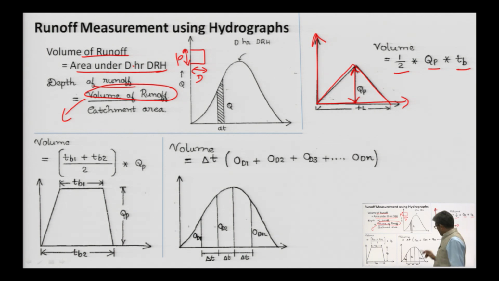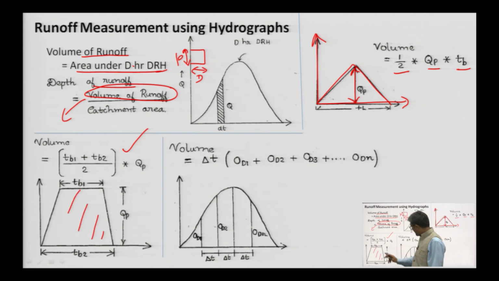If it is something like a parallelogram, then we will use this expression to calculate the area, because the area gives the volume of the runoff. The area is the sum of these parallel lines divided by 2, multiplied by the peak discharge.